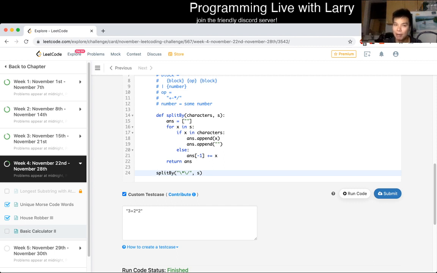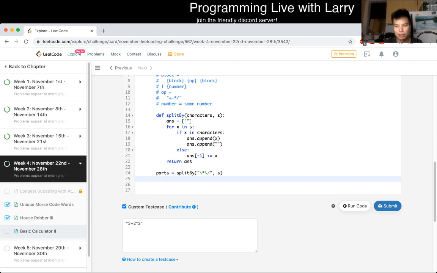I think for harder problems, again, read up on recursive descent. So I would just say parts is equal to this.